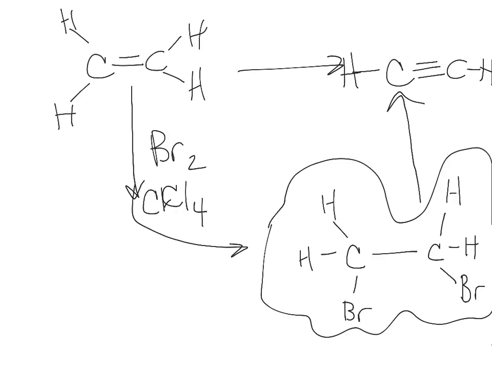If you add Br2 to your alkene, you end up with a Br added on each end of the alkene, and then you can use your strong base to remove the halogens. NaNH2, and you'll need two equivalents of that. So that's how we make our alkynes. And that's where we're going to end for today.